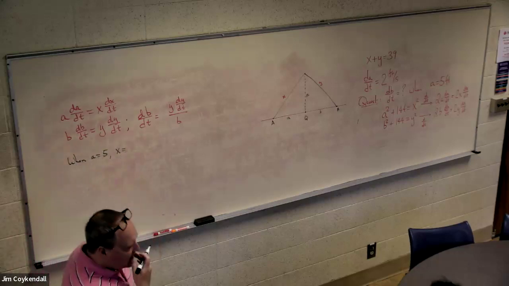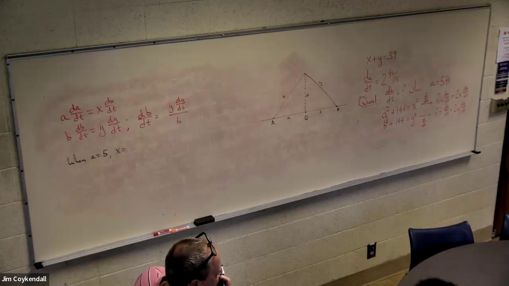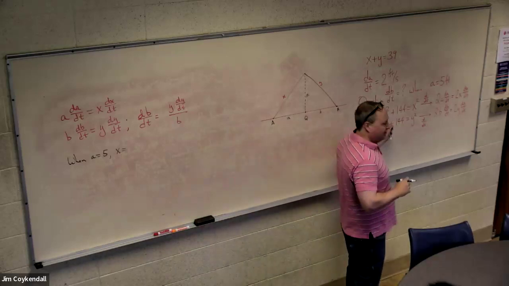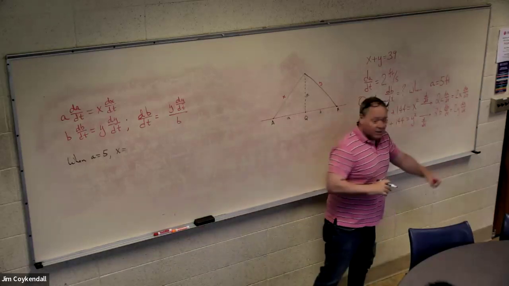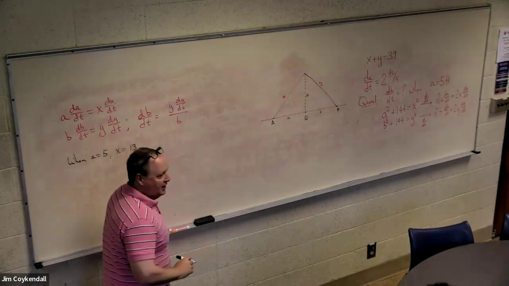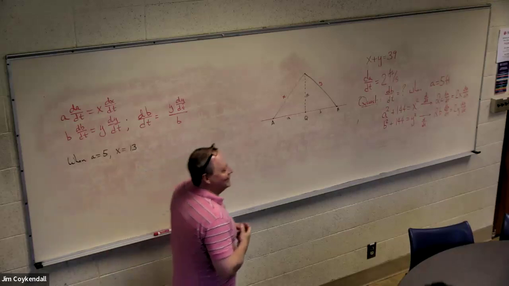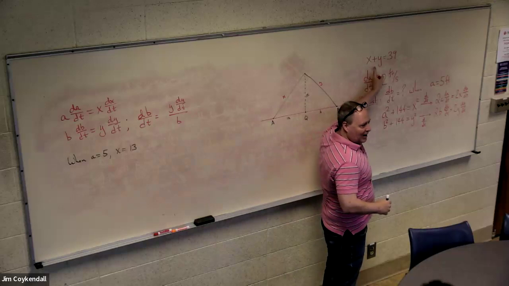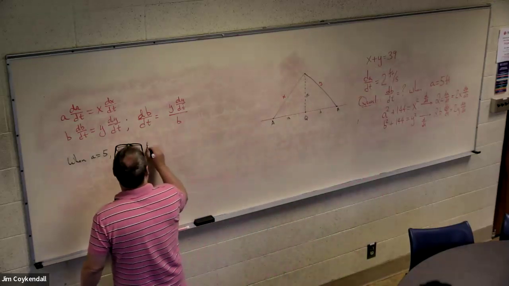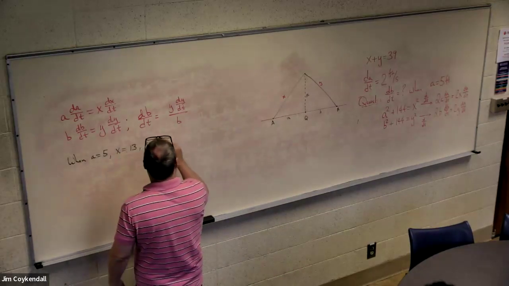What's x? But if x is 13, I can figure out something else. x plus y is 30, so y is 6.